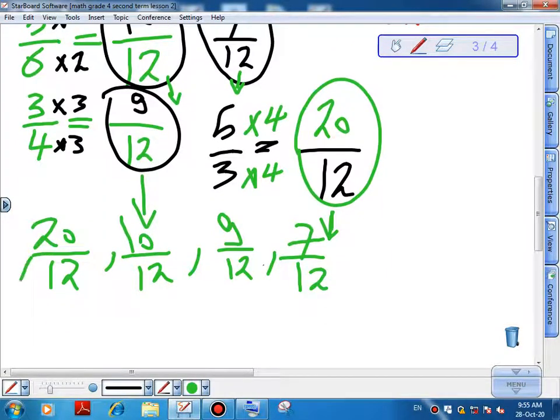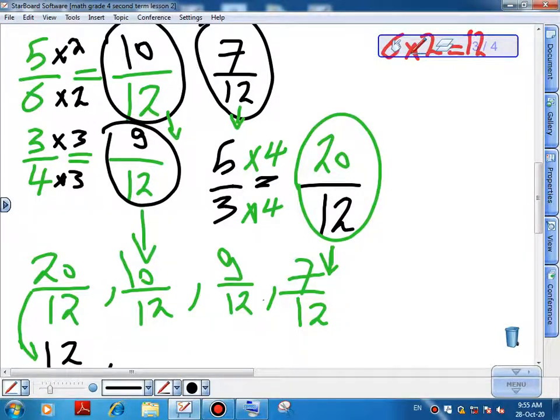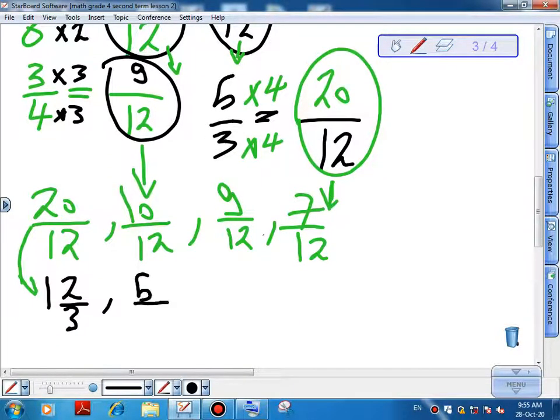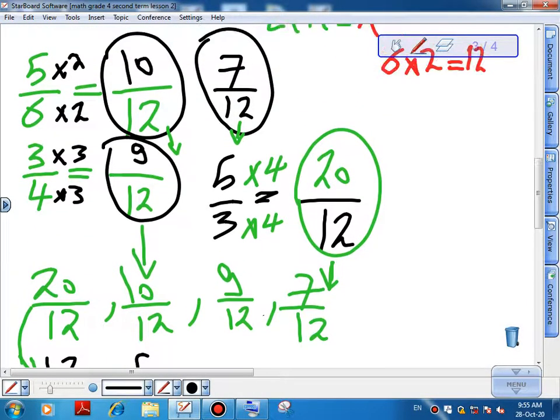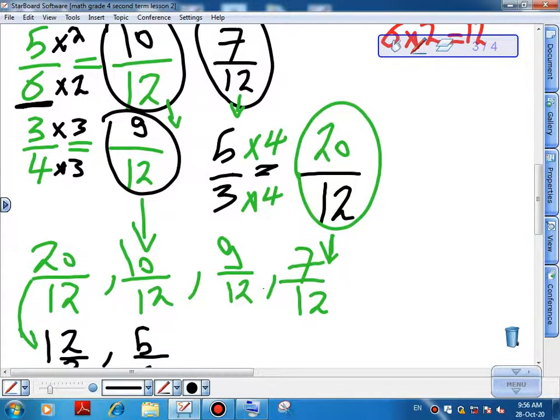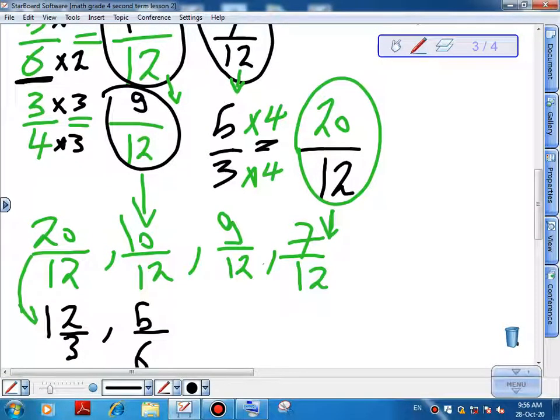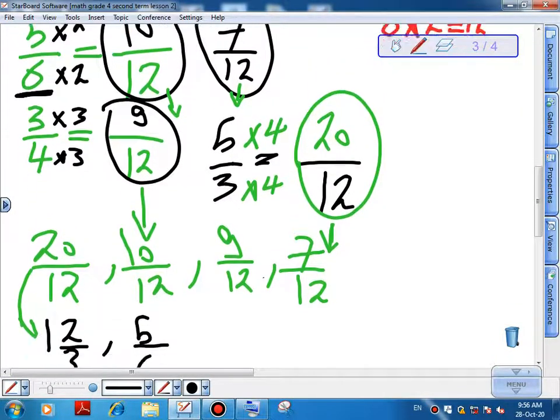So we turn these fractions back to the first form. 20 over 12 was 5 over 3, which is 1 and 2 over 3. Then 10 over 12 was 5 over 6. We converted 5 over 6 to 10 over 12 to get the same denominator, but in the last step, we put the first form, 5 over 6.